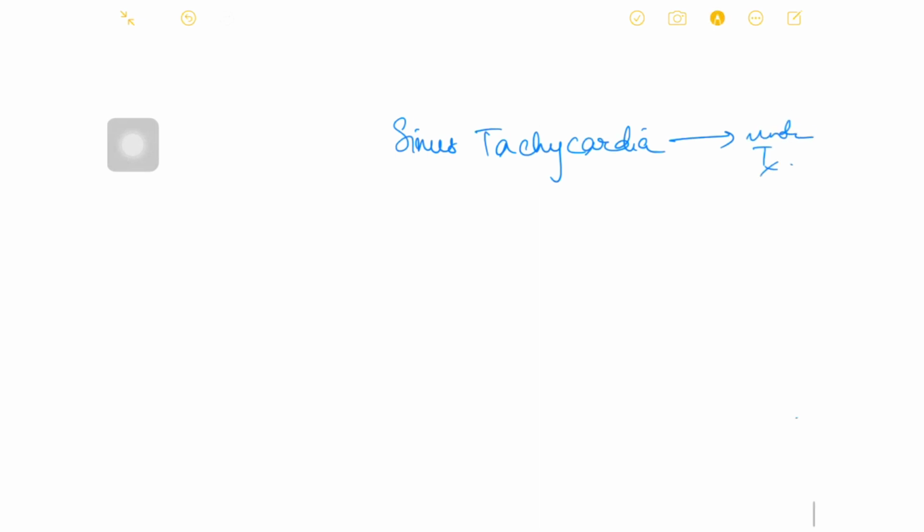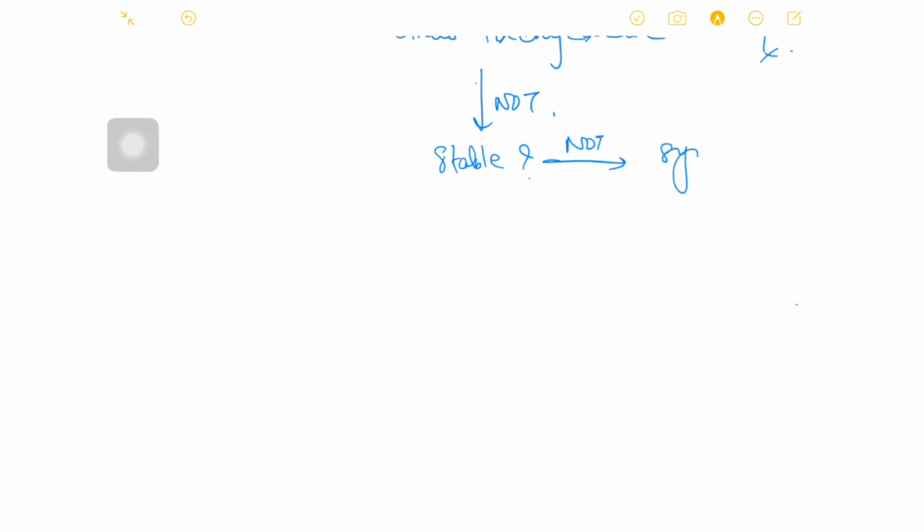But if it is not sinus tachycardia, what to check next? You check if they're hemodynamically stable. Very good. If not stable, then you go for cardioversion. Which one? A synchronized cardioversion.